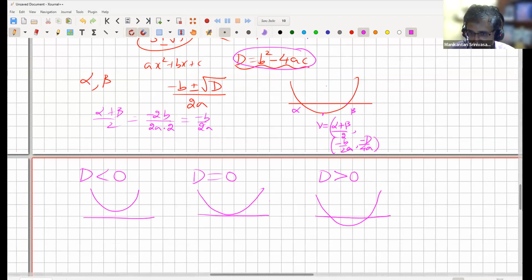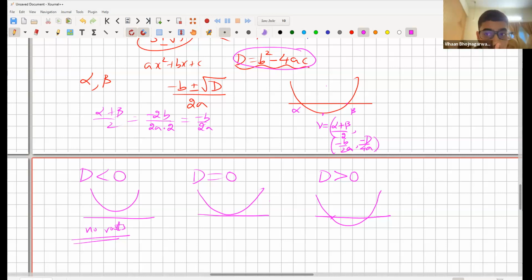In other words, it'll have either no roots if you set it equal to 0. The function itself, we cannot talk about whether it has roots or not, right? The function does not have roots anyway. You can only plot a function. But when you set ax square plus bx plus c equal to 0 and ask yourself how many roots that has, you'll say yes.